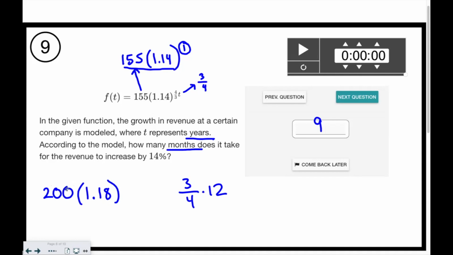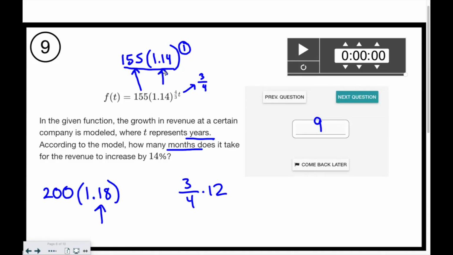Because one way to find this would be to multiply by 0.18 and then add it back to itself, but that's 2 steps. So the way to do it in 1 step is just to multiply it by this. So does it make sense that if you multiply by this, that's an 18% increase? So therefore, multiplying by 1.14 is a 14% increase. Does that part make sense?